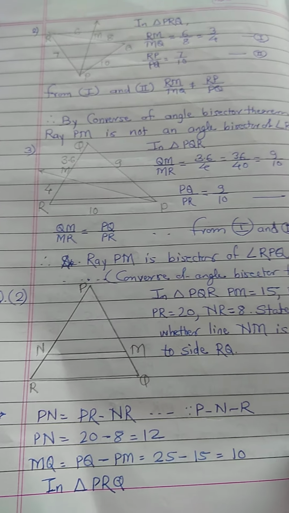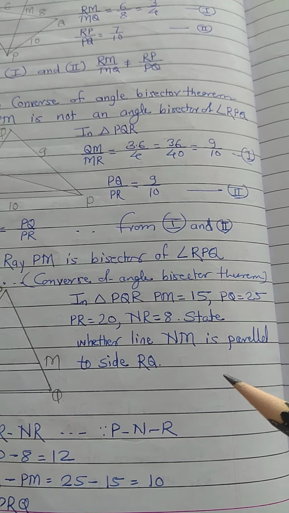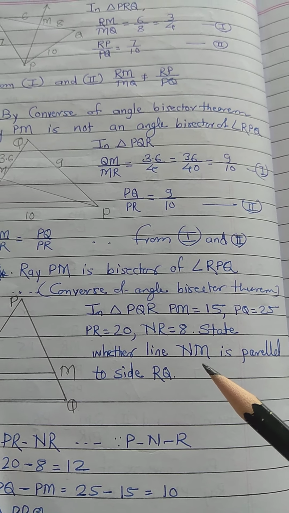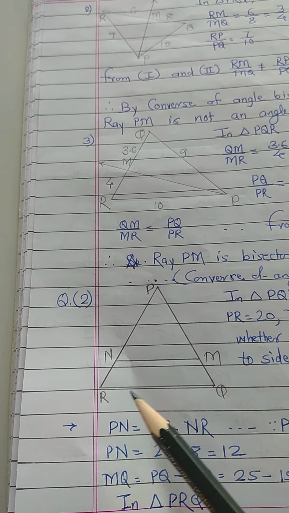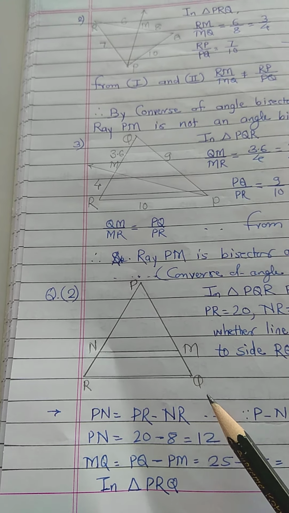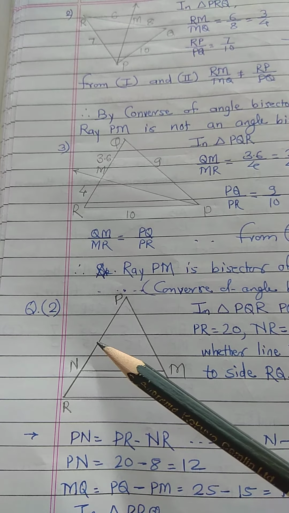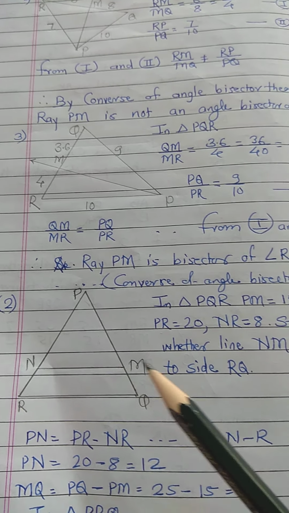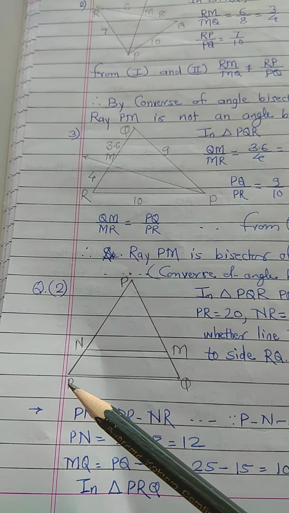Question number 2. Some values are given and we want to check whether NM is parallel to RQ. First of all, this PN is equal to PR minus NR, because P, N, R are in a straight line.